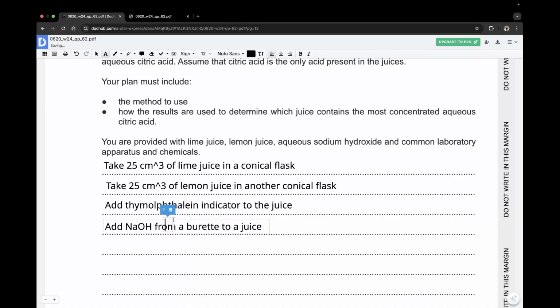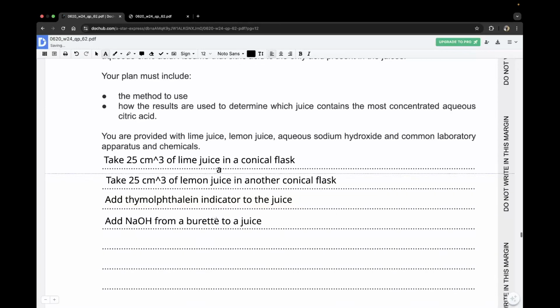Remember, you can do it either way. You can either add NaOH from the burette to the juice, or you can add the juice from the burette to the NaOH, right? Since both of them are technically of unknown concentration and you aren't really quantifying it, you can do it either way. I'm just choosing to do it this way. Both methods will be accepted.